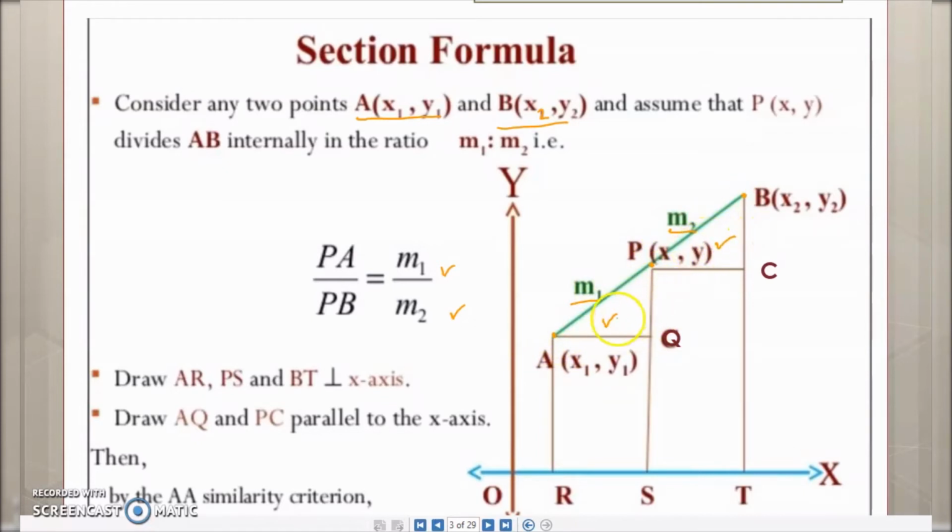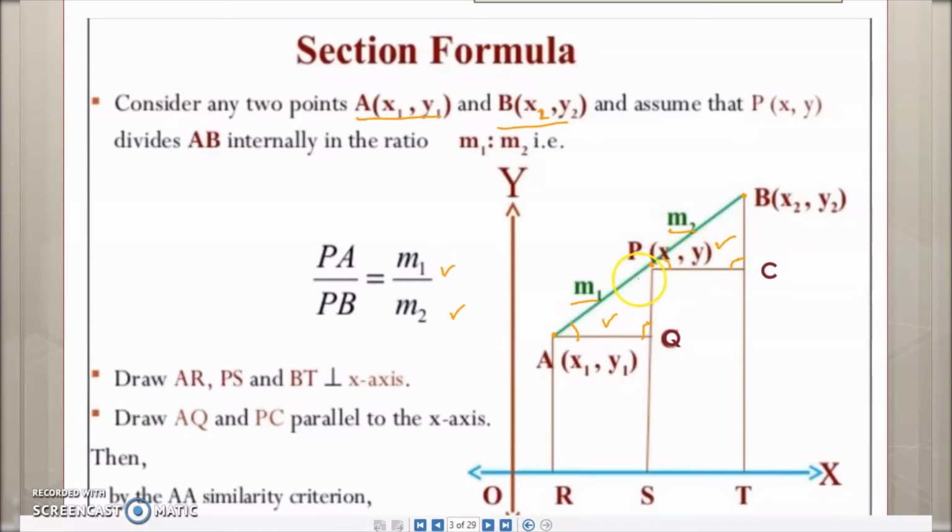Now these 2 triangles are similar to each other because this angle is 90 degrees, because we have drawn these perpendiculars, and this angle is equal to this angle because they are corresponding angles. These lines PC and AQ are parallel to the x-axis. So these 2 are corresponding angles, so they are equal. So by AA similarity, we can say that these 2 triangles are similar to each other.